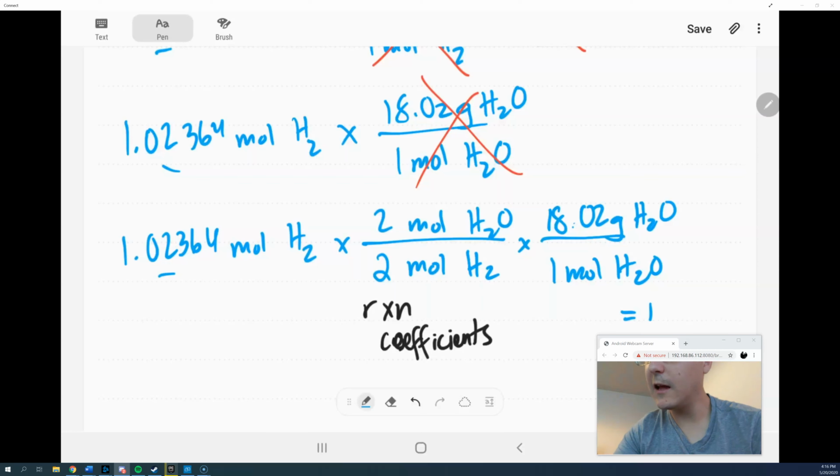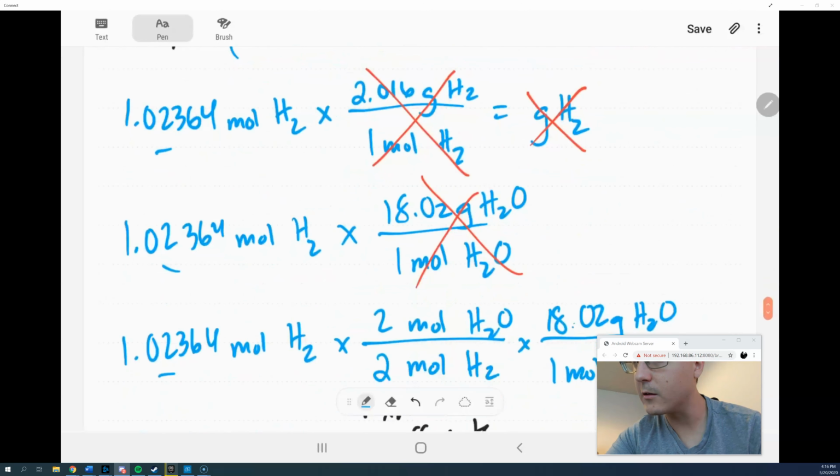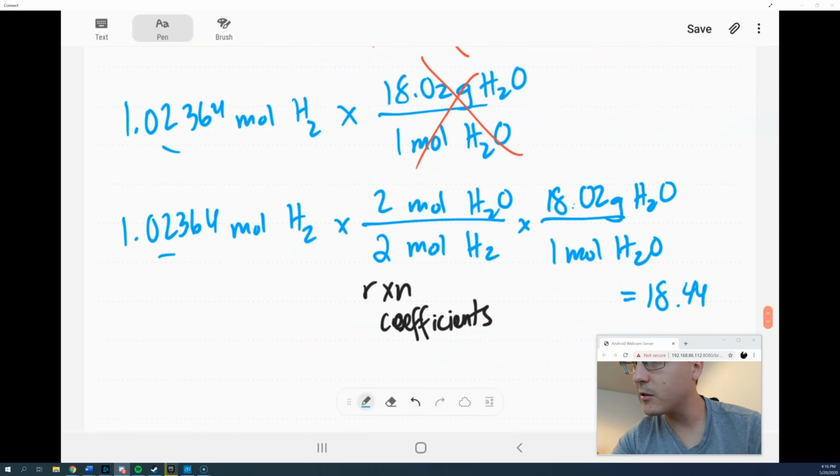Doing all this, we get 18.44 or 45, but how many sig figs do we need from this nonsense? 3, yeah? Okay, so that 5 is going to matter. Oh, actually, no, it's 446. So 3 sig figs will round to 18.4 grams of water.